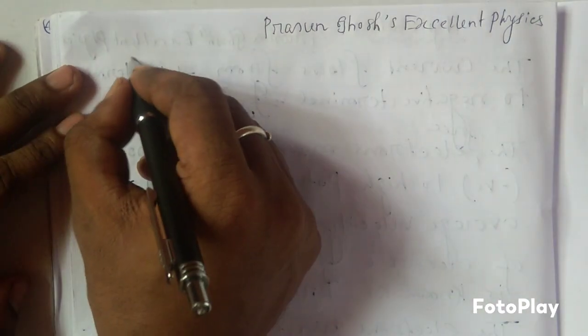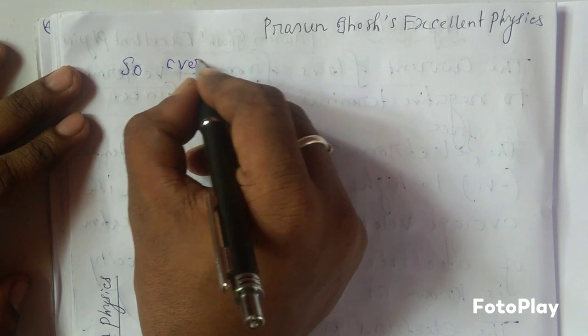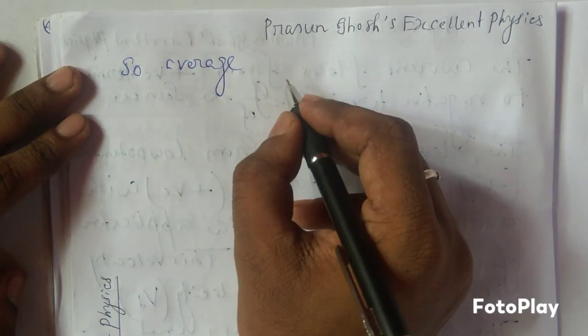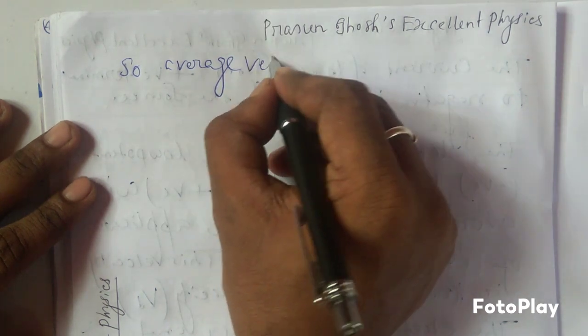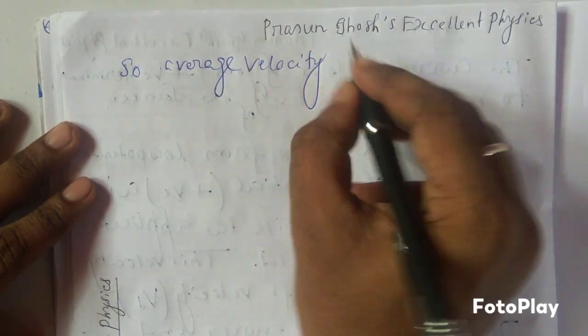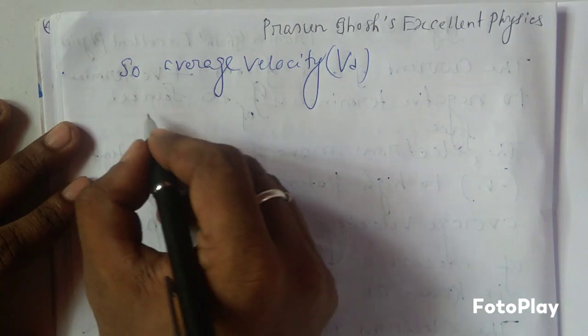Next we have to know the average velocity. So, the average velocity, that is Vd.